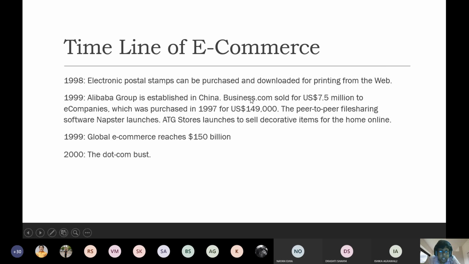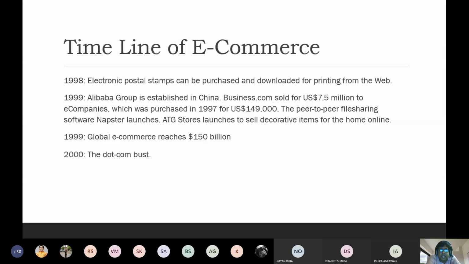Yes. Global e-commerce reaches $150 billion in transactions. Now, you all must be aware that in 1999, China was on the verge of manufacturing. Every product was made in China, and China wanted to sell its products in a very fast way.